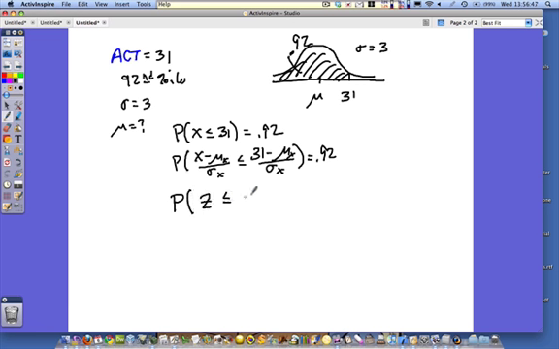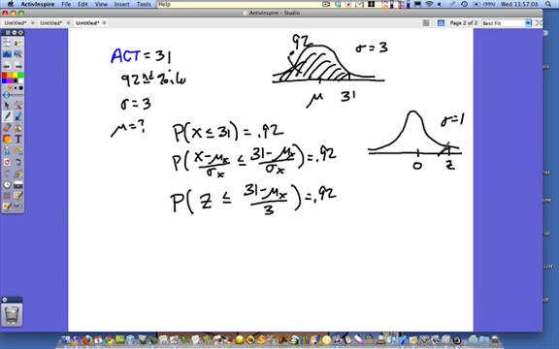Z less than (31 minus mu of x), and now we know sigma, it's equal to 3, so I'll put a 3 in there, equals 0.92. What we need to figure out now is what z-score will get us to the 92nd percentile. So there's my z distribution.